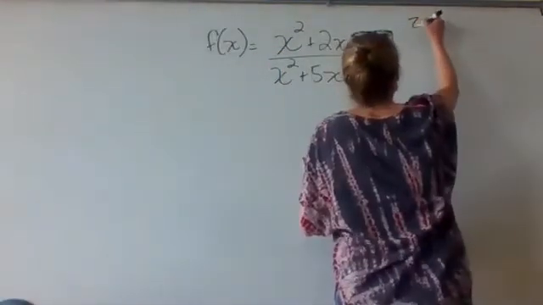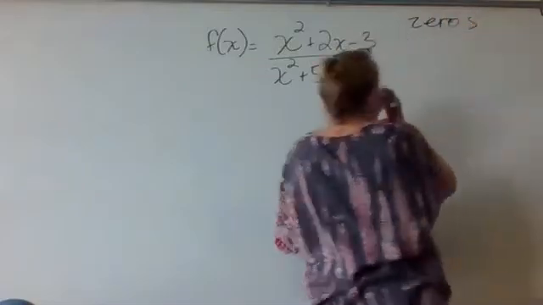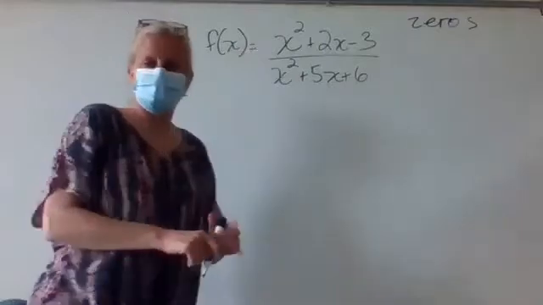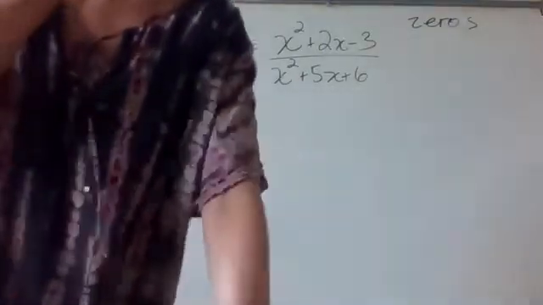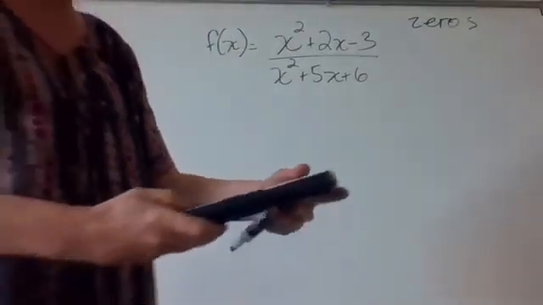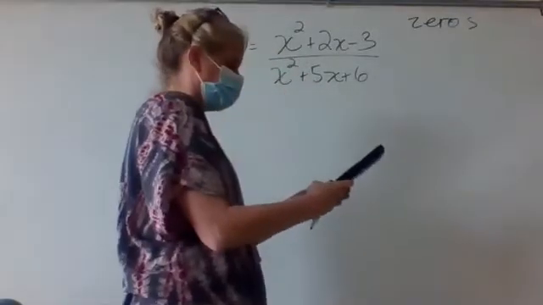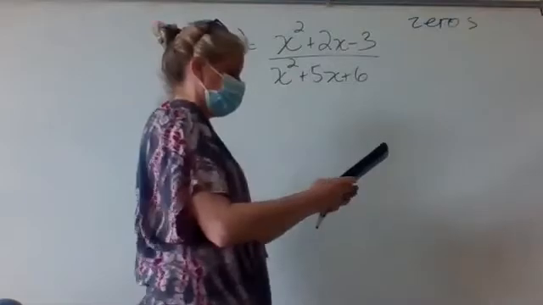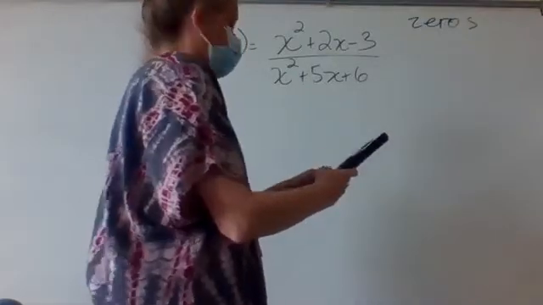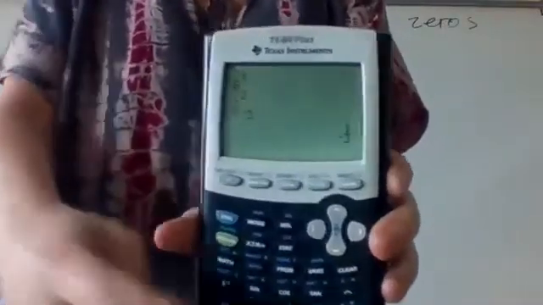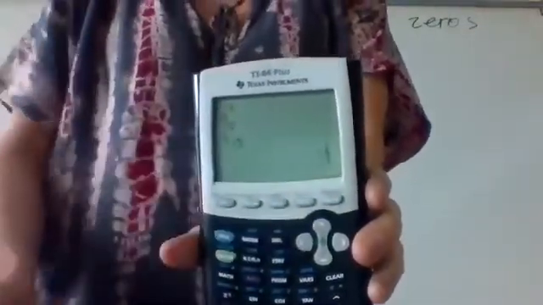So luckily for us, they're both quad. So I'm just going to find the zeros by punching them into the quad formula. The top one's quad. A is 1, B is 2, C is -3. So its zeros are 1 and -3.